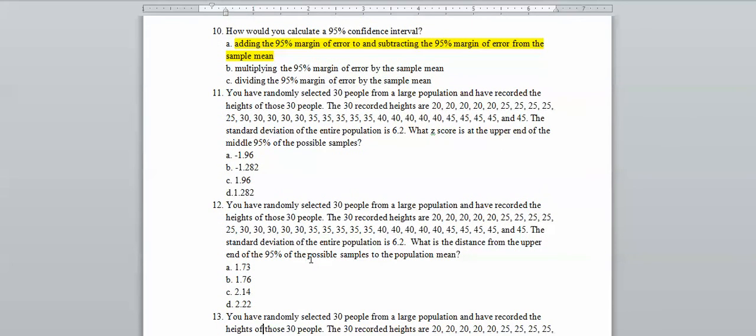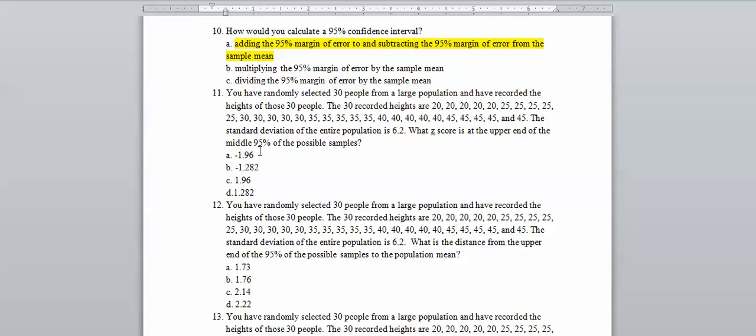Questions 11 through 13 are asking you to actually create a confidence interval one step at a time. Question number 11 is asking you to do the first step, which is calculating a z-score. Well, not calculating it. For a confidence interval, you actually look up a z-score in a z-table. I'm telling you that we're working with 95%.